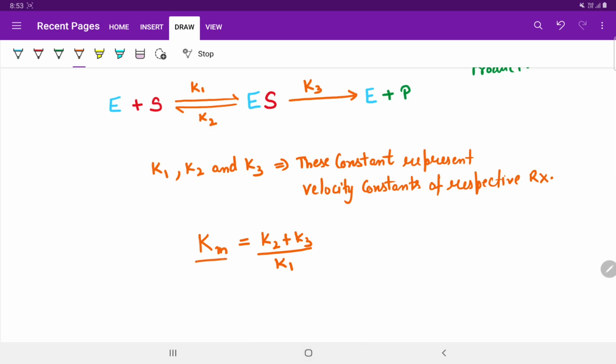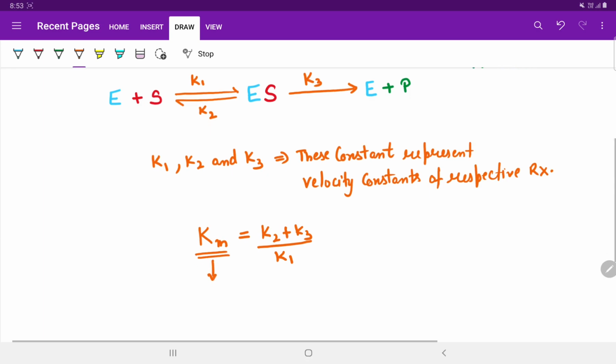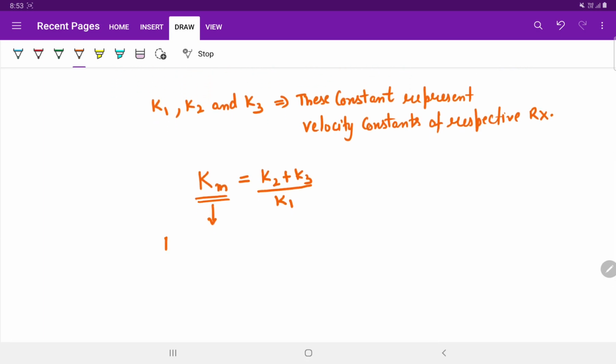So students, remember always this Km is the Michaelis-Menten constant, and sometimes also written as the Briggs-Haldane constant.